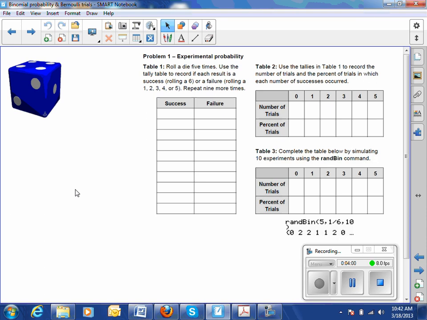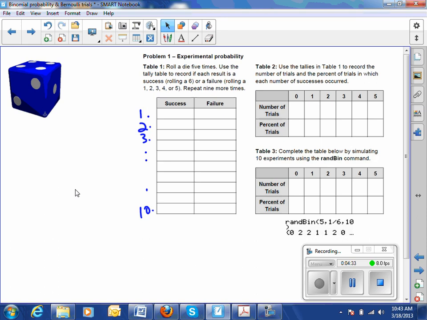As you can see, there are more than 5 lines here, so we'll actually do this experiment 10 times, where each experiment consists of rolling the die 5 times. So 50 rolls in all. Each time we'll keep track of how many of the 5 trials were successes and how many were failures, with success being that we roll a 6, and failure being that we roll something other than a 6.